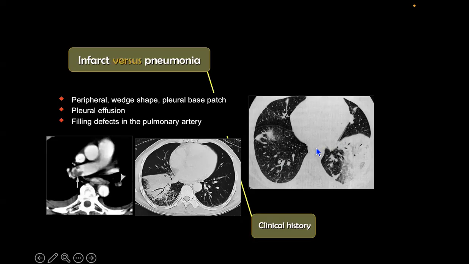Cases with infarction, of course the most important cause for infarction is the PEs. And PE, by the way, is very common in patients who have predisposing factors, and even in patients in the ICU, those who are bedridden.